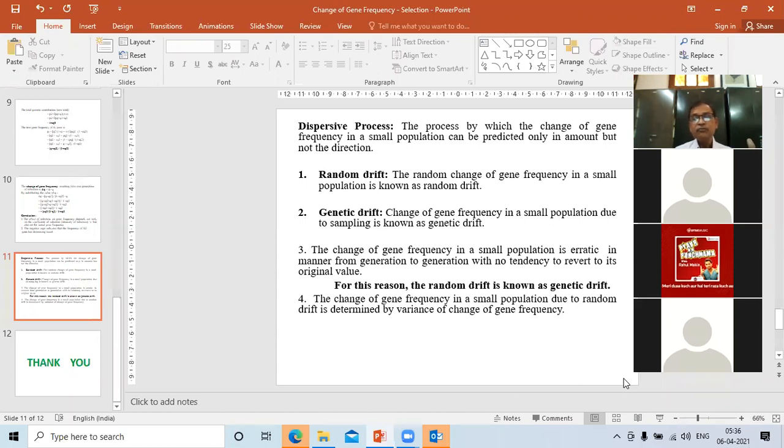A time will come when the frequency of A1 will be 1 in a population and the frequency of A2 will be 0. In another population, the frequency of A2 will be 1 and the frequency of A1 will be 0. From that situation, we cannot revive a population which will have the frequency of both A1 and A2.